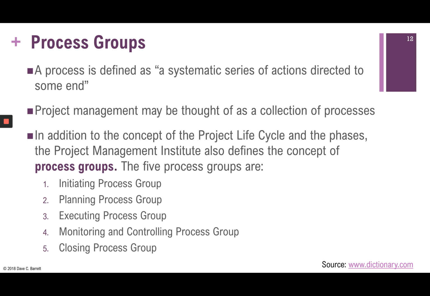If you take everything that you do in project management, all of the different activities, they fall into one of these 5 process groups: the initiating process group, planning, executing, monitoring and controlling, and closing. So everything you do might be an initiating process, an executing process, a closing process, or a monitoring and controlling process. They're all defined as falling into one of those 5 groups.